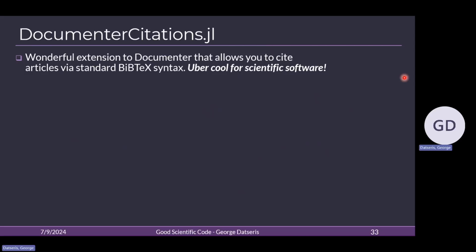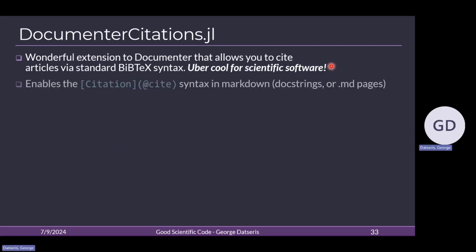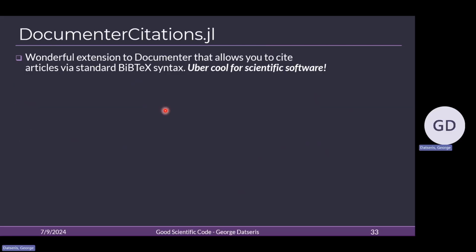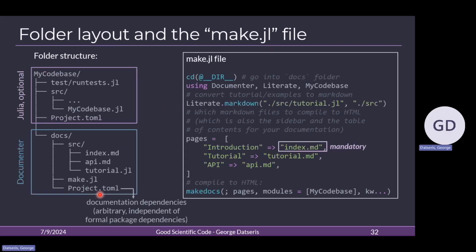Documenter.citations.jl is an extension or plugin package for Documenter that allows you to use the standard bibtex format that we are all very familiar with as scientists to cite literature in our documentation. This is what enables the at-site enhancement of Markdown that I mentioned before. The way it works is very simple. You first install the package Documenter Citations. So in this project toml you will have Documenter, Literate, and also Documenter Citations.